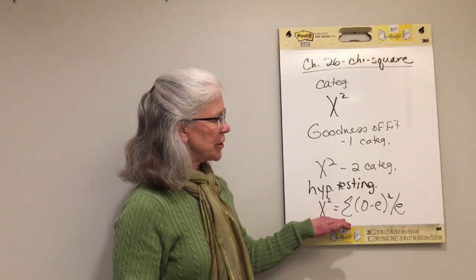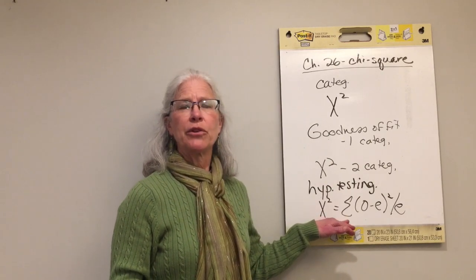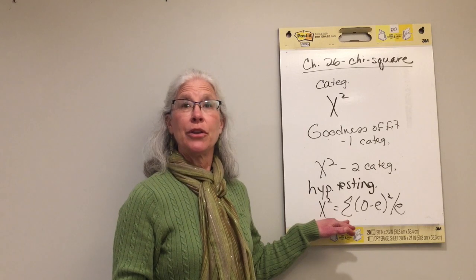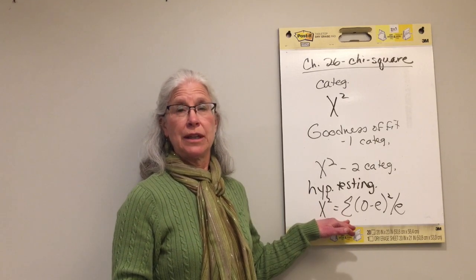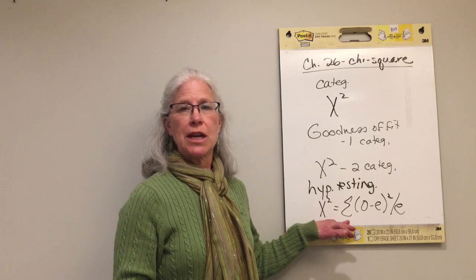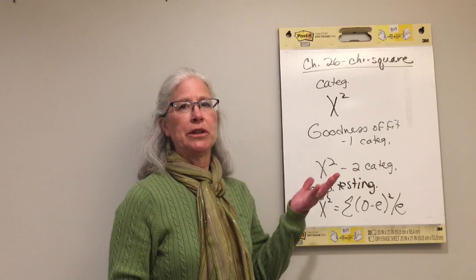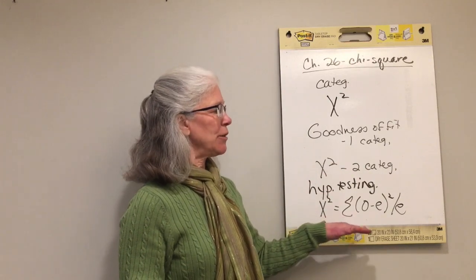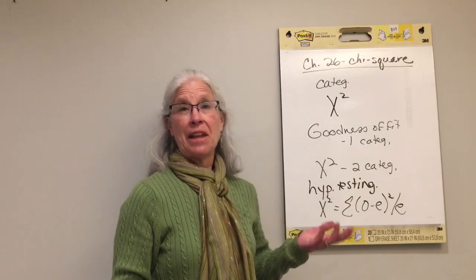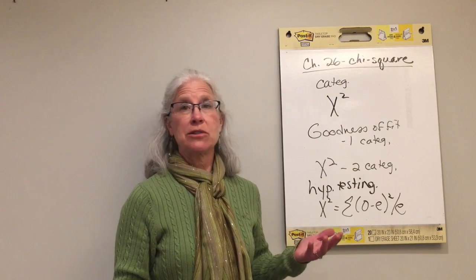Once you have that chi-square statistic, then the computer will come up with a p-value. What's the probability, if the null hypothesis is true, if there's nothing going on, that we see a difference or an association of this magnitude, a test statistic of this size, a sample like this? So the p-value: if the null is true, how often are we going to see sample data like this just by chance, not because there's anything going on?